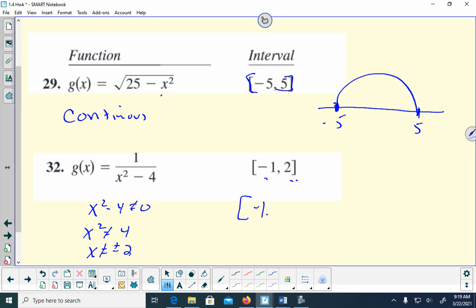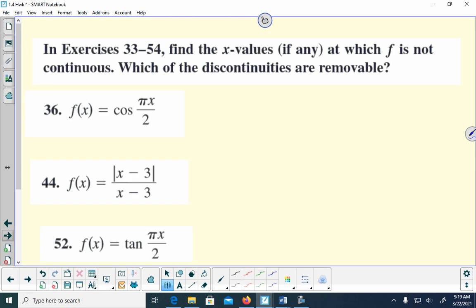It would be continuous over the interval where I do not include the 2, because I'm going up to that 2, but not including it.